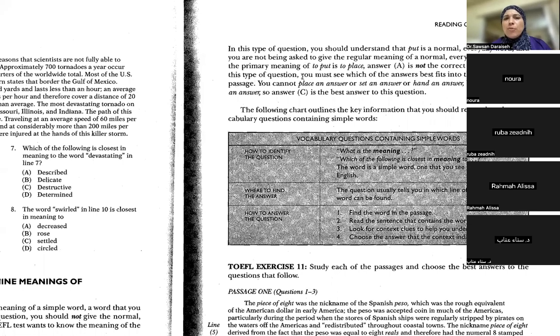For this type of question, you must see which of the answers best fits into the sentence in the passage. You cannot place an answer or set an answer or hand an answer, but you can express an answer. See why? So you think about what follows. You express an answer. So remove put, and put the other verbs that are options, and connect them to the rest of the sentence, which is answer.